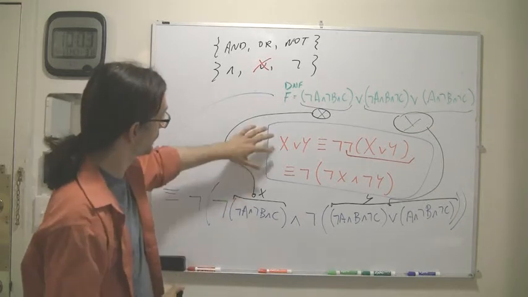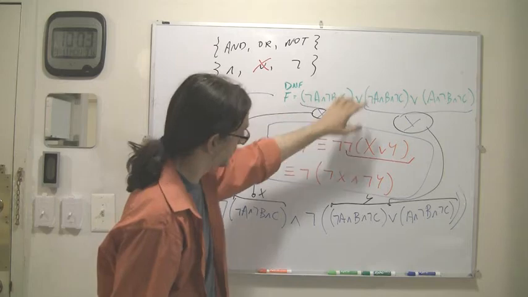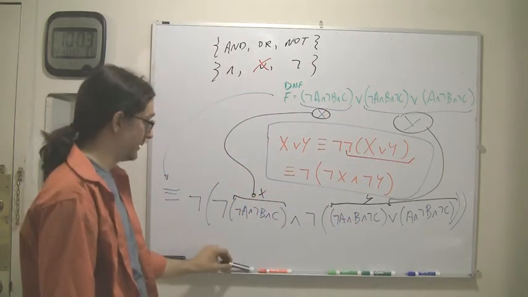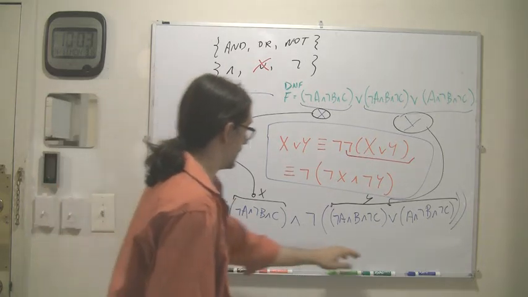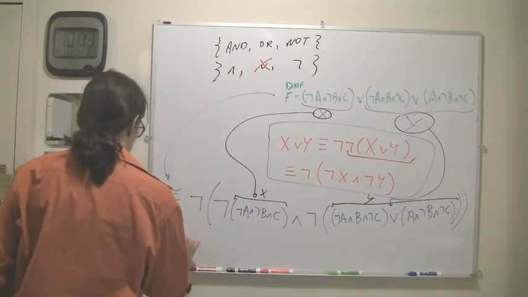So we use this formula to eliminate this OR from this expression, but we still have an OR dangling here. How do we get rid of it? We use the same idea again. Well, the beginning of the expression doesn't need any fixing.